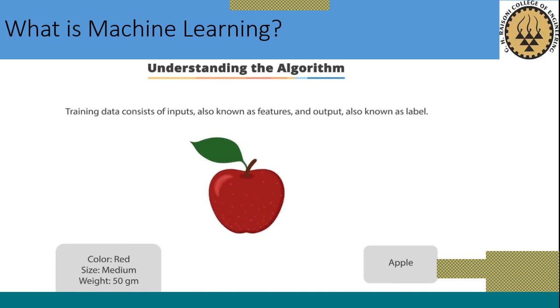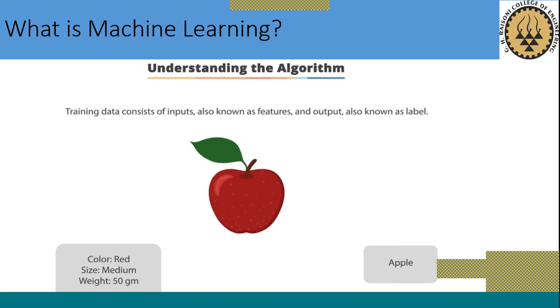When you give this information to the machine learning algorithm, it understands these features and gives the output as a label: it is an apple.